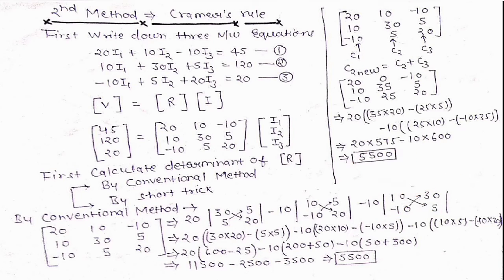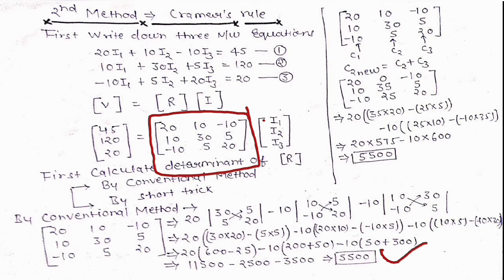Remember this. By calculating this, 20 times 600 minus 25, minus 10 times 200 plus 50, minus 10 times 50 plus 300, we will get the value 5500, the value of this determinant, the determinant of R.